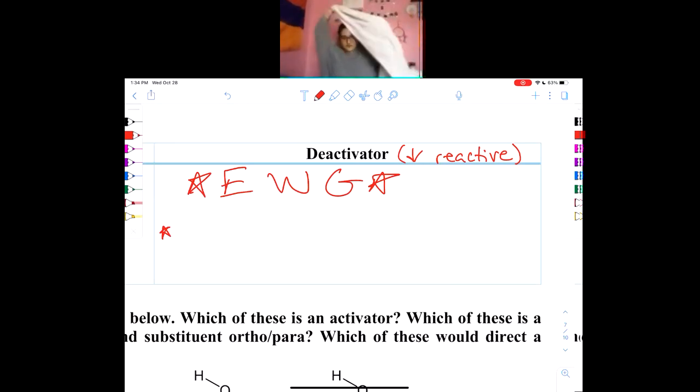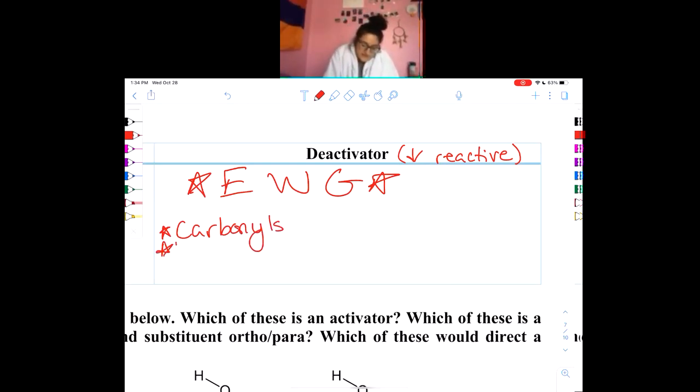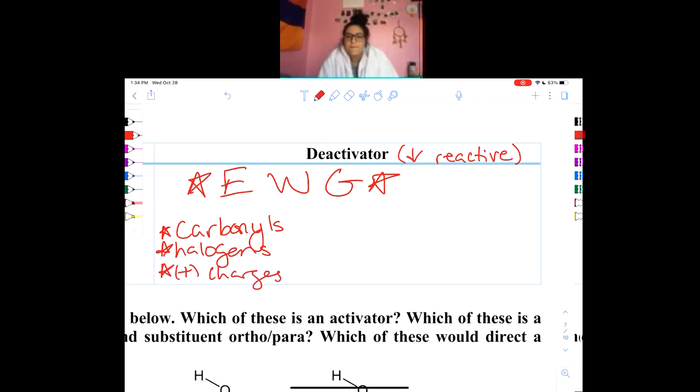Yes, carbonyl groups, and we talked about aldehydes, ketones, carboxylic acids, all that kind of stuff, but for now I'm just going to say carbonyls. Halogens, yes. I'm also going to write positive charges. Yes, nitro groups, cool.